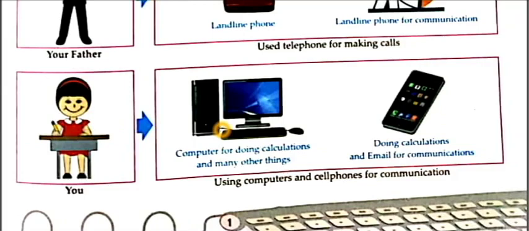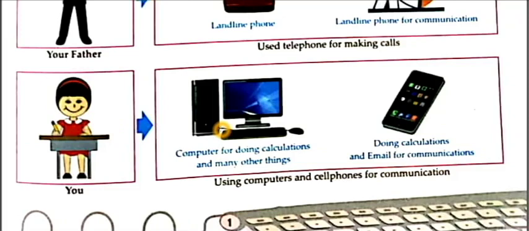In your generation, one more famous thing is the computer, for doing calculations and many other things. With the help of the computer, you are doing so many things. The first thing you do with a computer, I know your answer: playing games, watching movies, etc. But nowadays, the computer is also being replaced by smartphones.